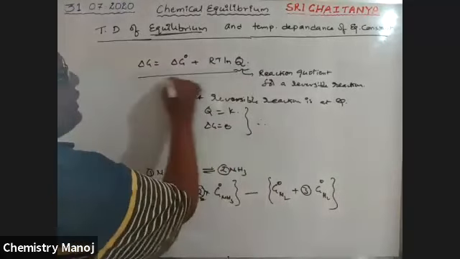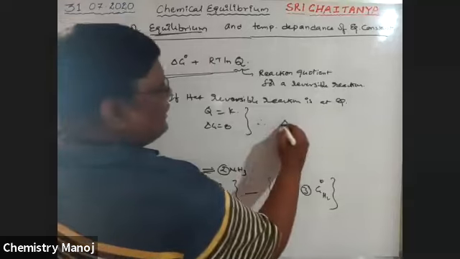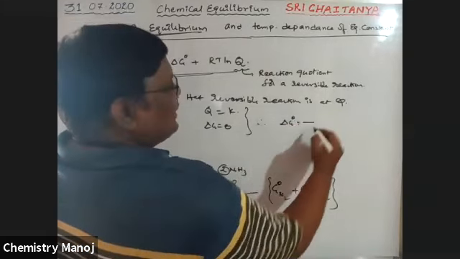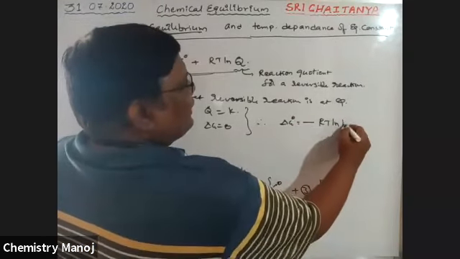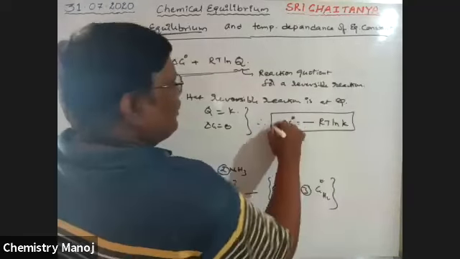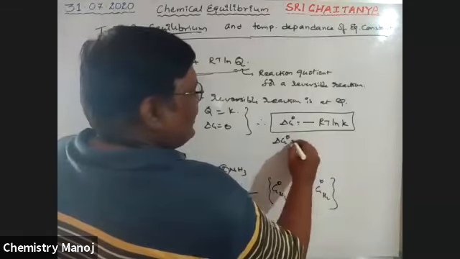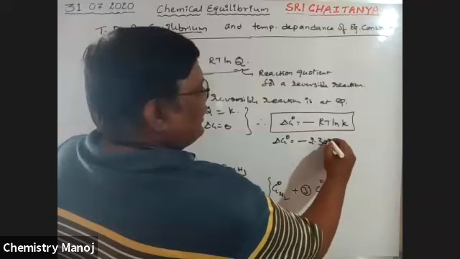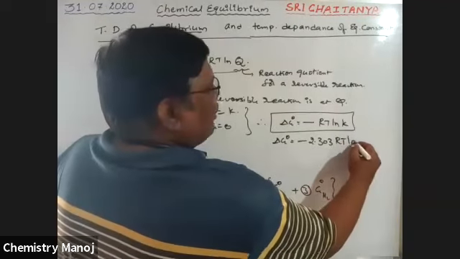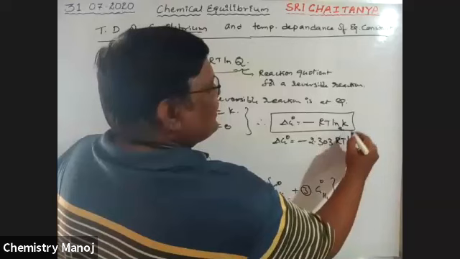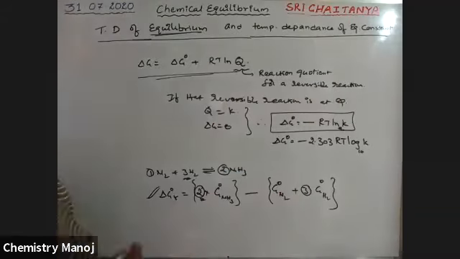Therefore, apply those conditions here. So delta G naught is equal to minus RT ln K. It is a very, very important formula, my dear boys. Delta G naught is equal to minus RT ln K, or sometimes delta G naught is equal to minus 2.303 RT log K. Here base e, here base 10, and that's enough.